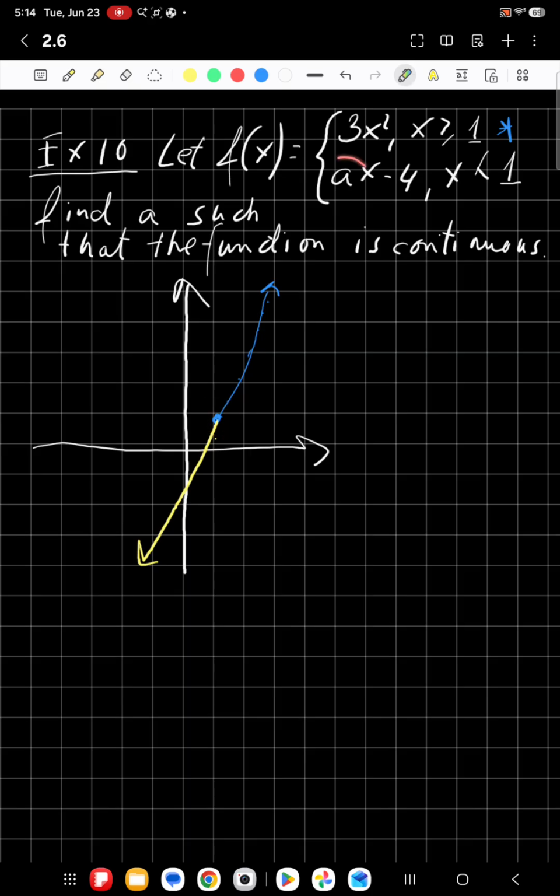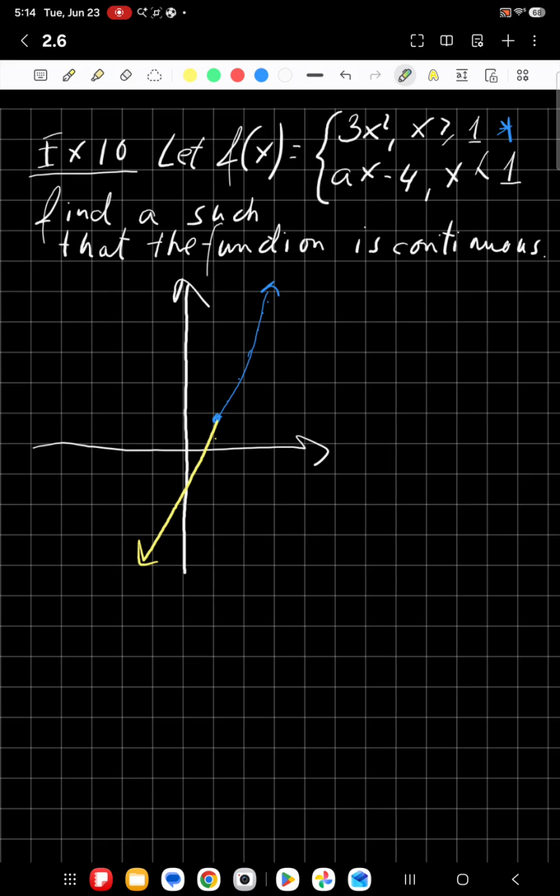So we need to find the a so that there is no point of discontinuity, so that basically they touch right there, for x equals 1. They need to touch right there, the y needs to be the same for both of the functions for x equals 1.